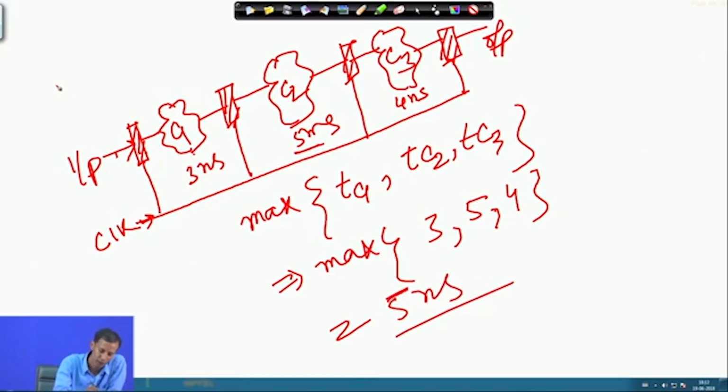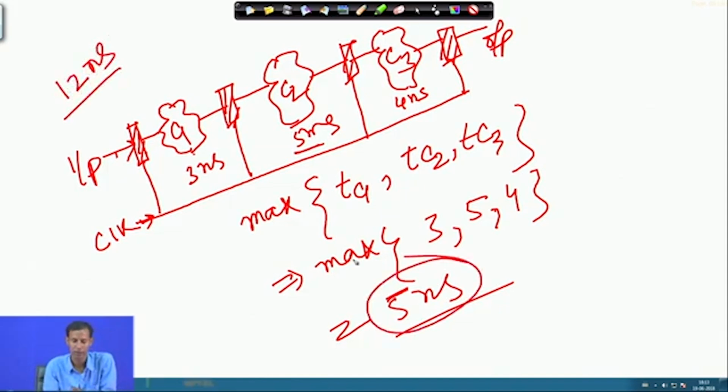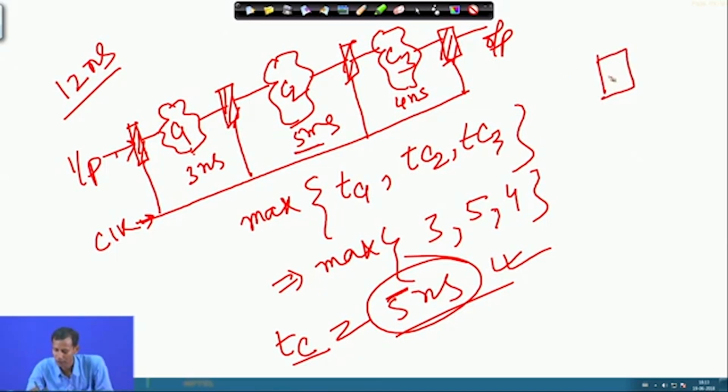So, the initial requirement was 12 nanoseconds, but after putting these registers in between, after doing the pipelining, my clock period TC becomes 5 nanoseconds. The initial circuit was something like this. Here I was having a register, this is the input, this is the output, and this is the clock.